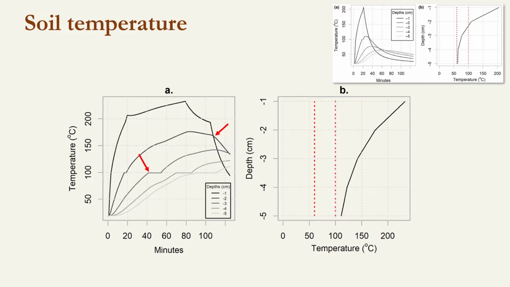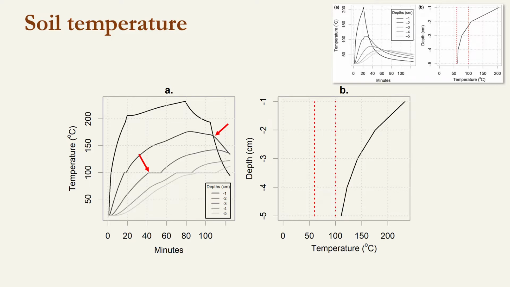On the right hand graph, you can see that the black line showing the maximum temperature reached at each layer stays to the right of the two vertical red lines. Now these lines mark 60 degrees and 100 degrees. These are the general rules as to where the soil seed bank will be affected and the ways that it will be affected.